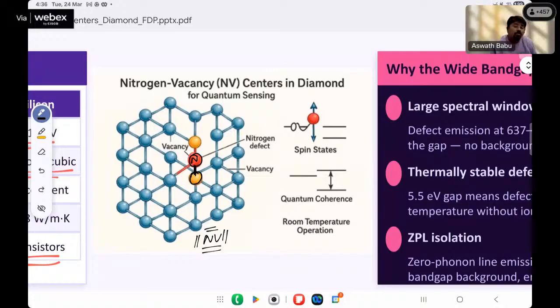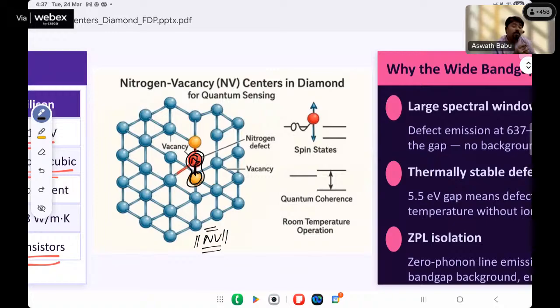Due to this quantumness, one of the electrons of this NV center is going to be influenced by the magnetic field of the nitrogen. The nucleus magnetic moment and the electron magnetic moment are going to interact and create some kind of coupling: the nucleus is a bar magnet, and the electron is a bar magnet.